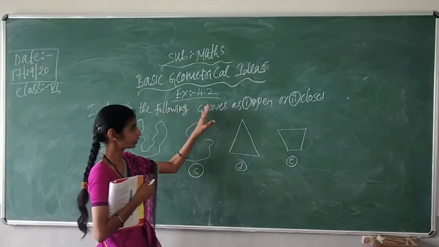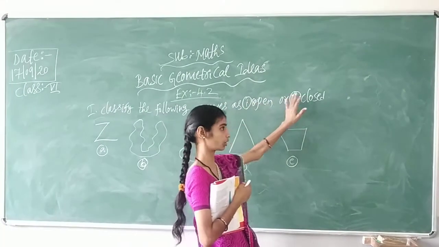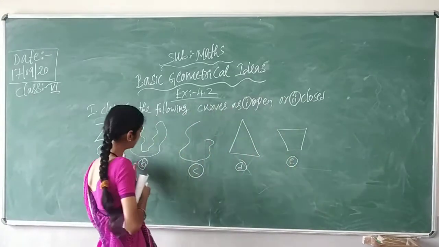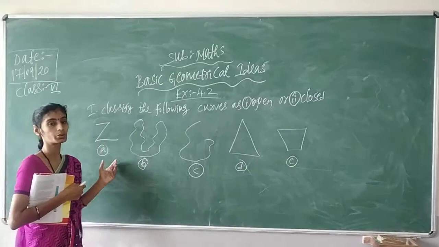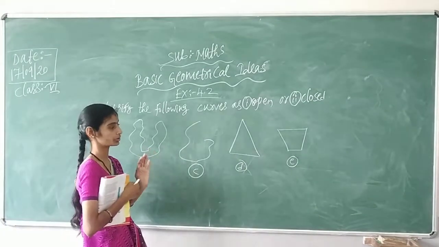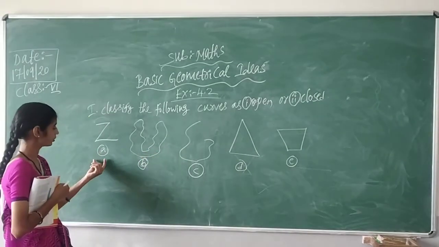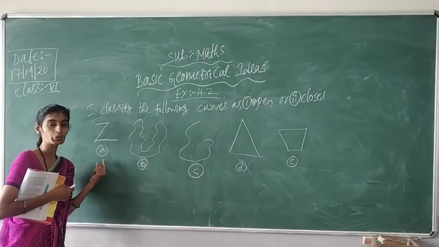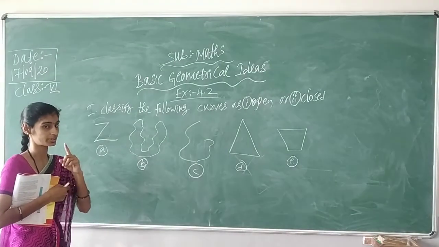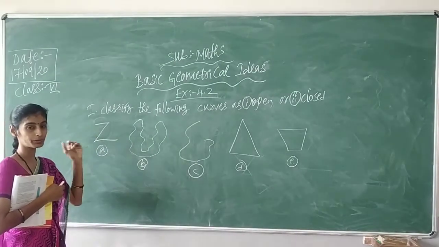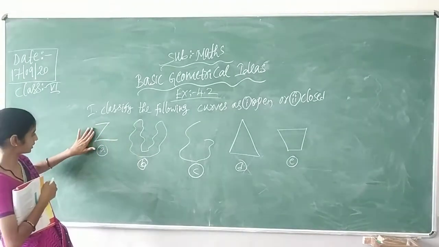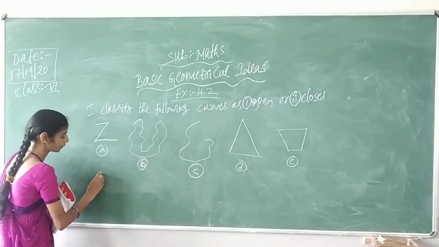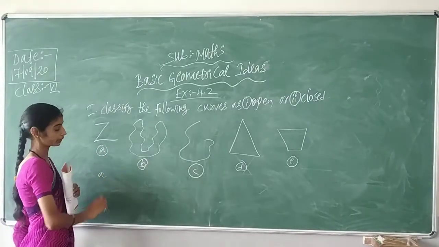Classify the following curves as open or closed. Among these A, B, C, D, you have to classify which is open and which is closed. So shall we start? Figure A, whether it is open or closed, children? Yes. We say it is an open figure, right? You all can see that this area is open, this area is open. So figure A is open.